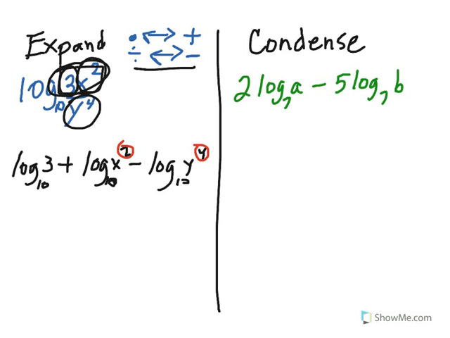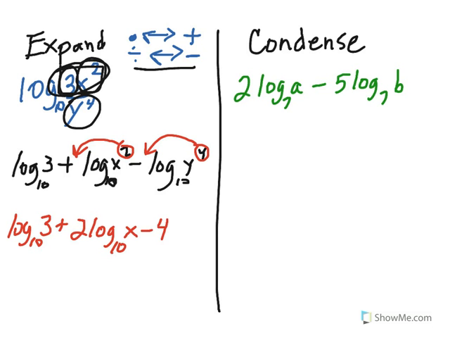If it helps me make things easier, I'm going to write them out front as coefficients. So I'm going to write this whole thing as log base 10 of 3 plus 2 log base 10 of x minus 4 log base 10 of y.